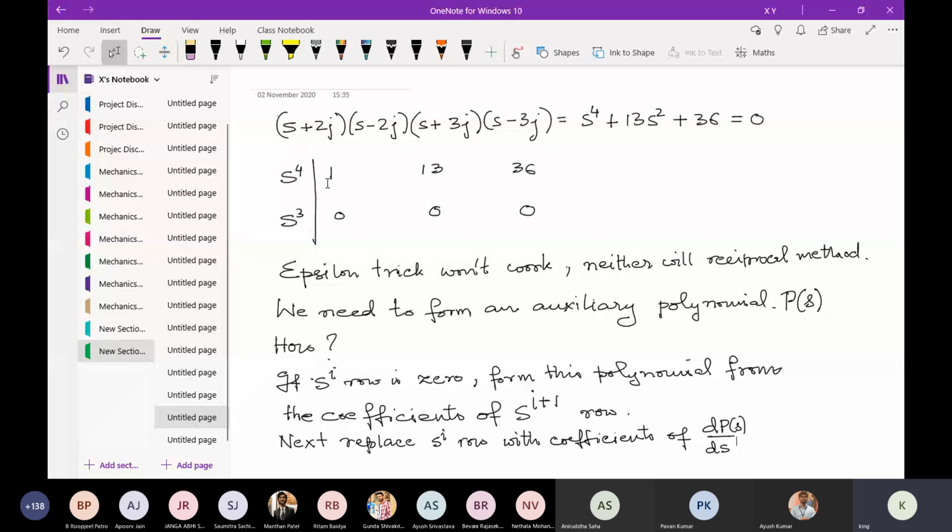That means there may be other roots that have been already factored out, but from this S4 level onwards, no sign change, but a row of 0 just below S4 indicates that we are going to have 4 roots on the imaginary axis.